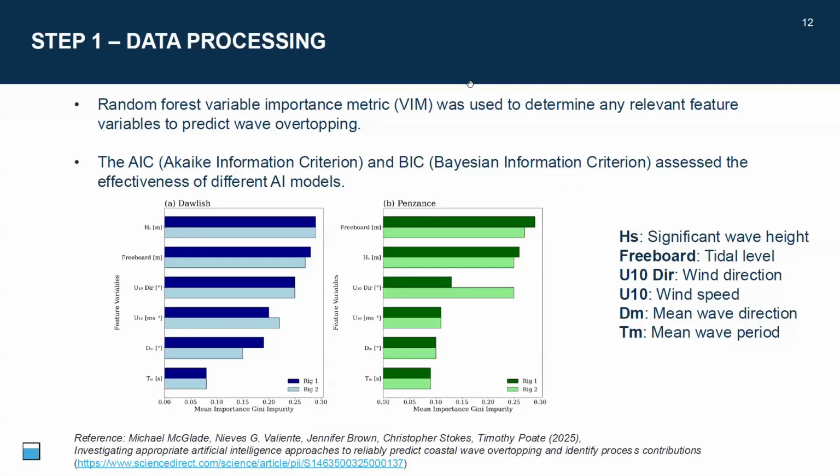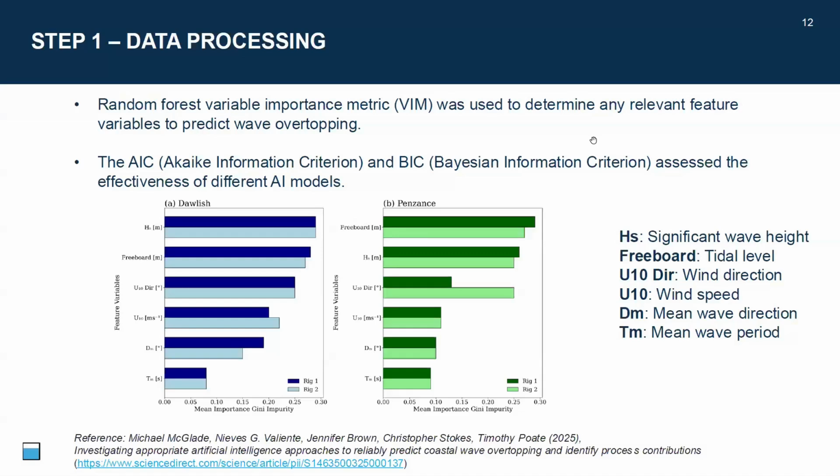Well, in this part, you could see that feature importance was used to define any relevant feature variable to predict wave overtopping. Any relevant feature trained within the machine learning models that reduces the Gini impurity was assigned a high importance.